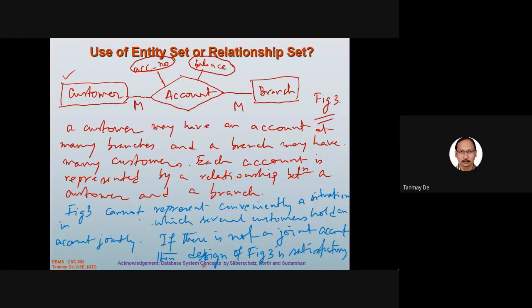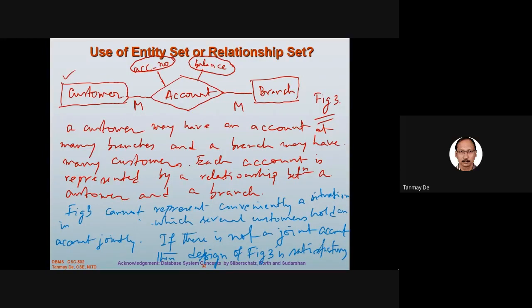Okay, so the account is basically the relationship set, sir; two customers cannot access the same account number and balance. The customer side is many and the branch side is many, so the account relationship associates the two entity sets in a many to many cardinality.